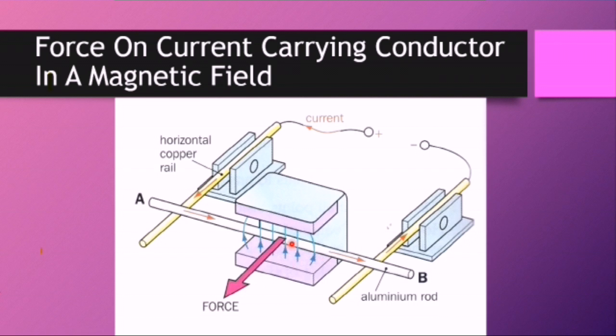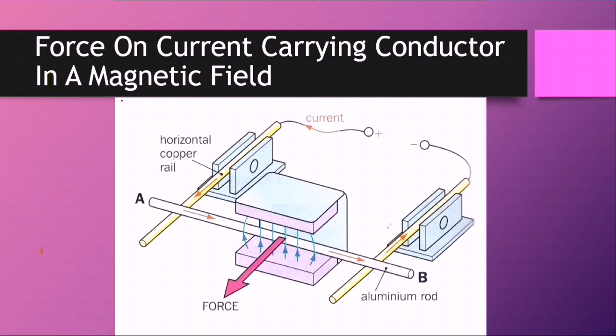As force is a vector quantity, we will find out how it depends on various factors, and we will find out its direction as well, which will be given by Fleming's left hand motor rule. As I have already told, the magnetic force of the magnet and the magnetic force of the current carrying conductor, their combined effect gives rise to this force.